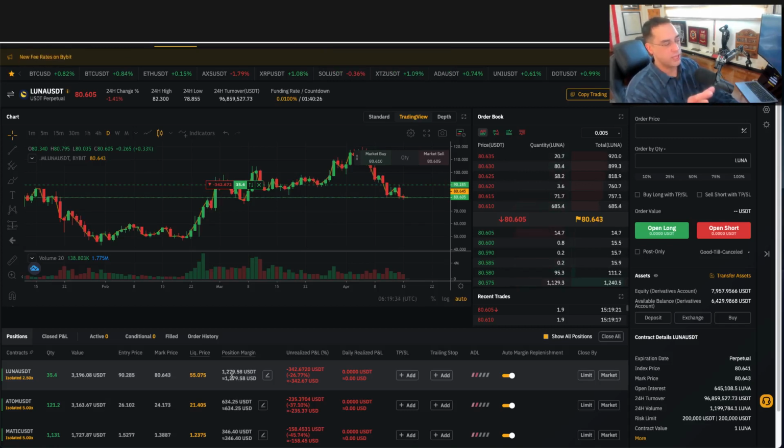And when I'm doing that, I'm using the money in the position, the money that's allocated there, to fund the trade, which would mean that if this price of Luna, for example, went from $80 to $55, I could lose this amount right here. If it was on cross leverage, if it hit the liquidation price, I could potentially lose that amount for the entire balance of the account. So that's how these two leverages work. That's the difference between cross and isolated.